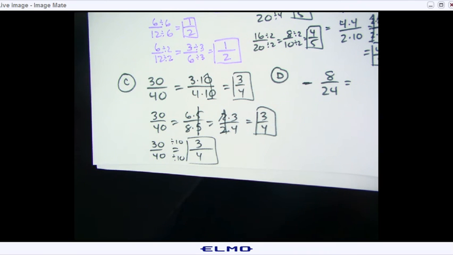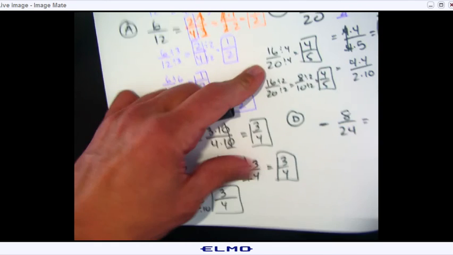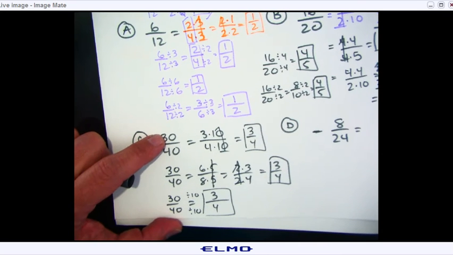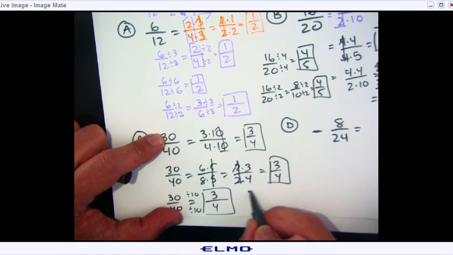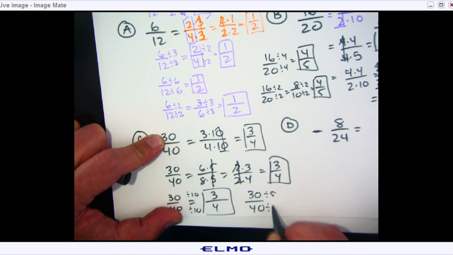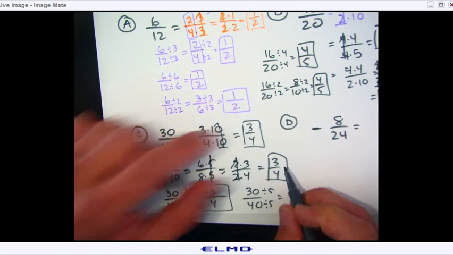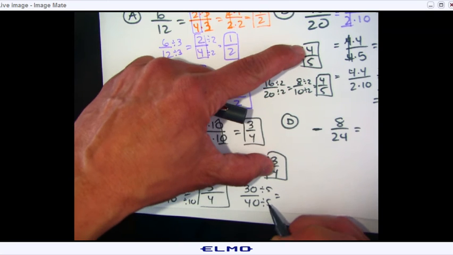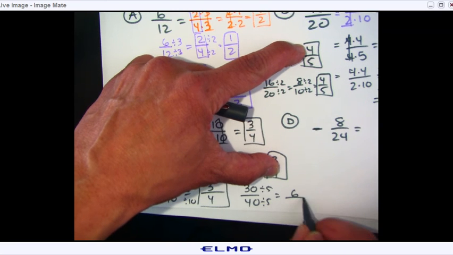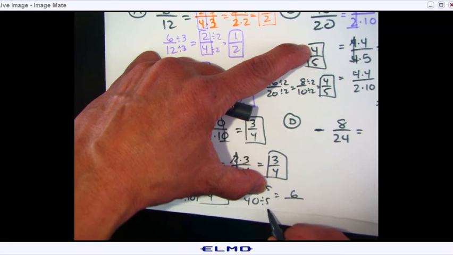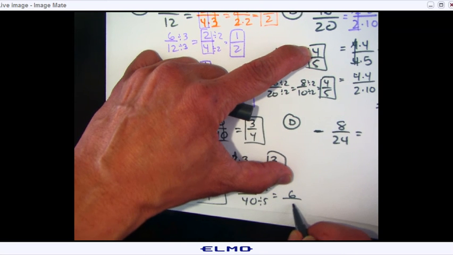Oh, yeah, I did it a different way. I divided by 5. All right, go ahead and divide by 5. 30 divided by 5 is 6. 40 divided by 5 is 8.